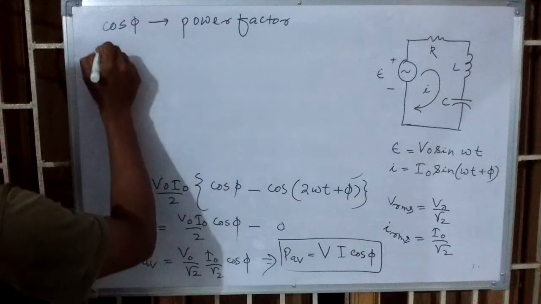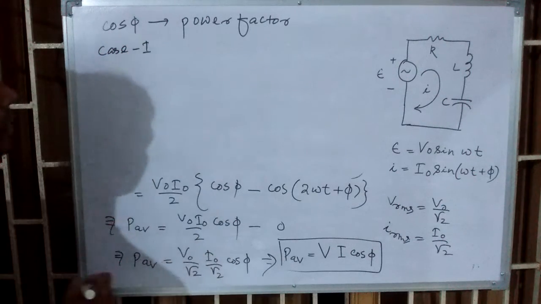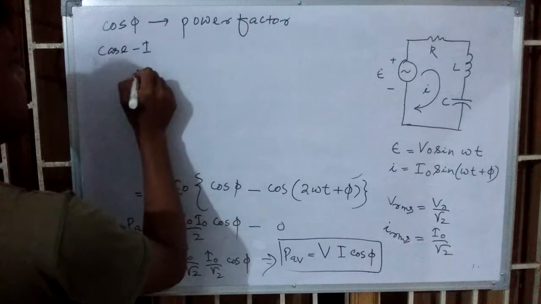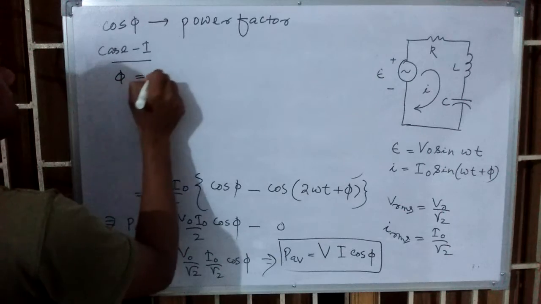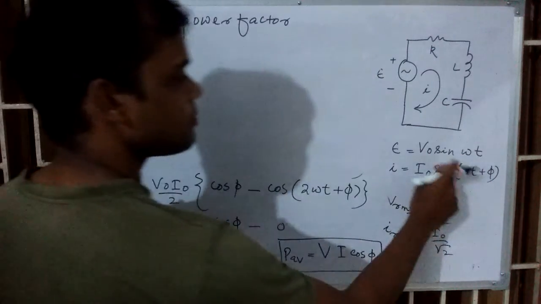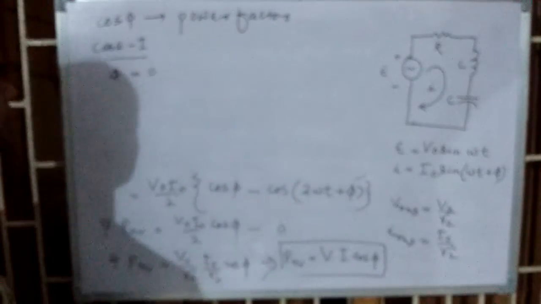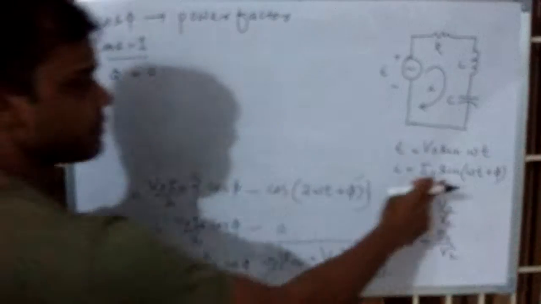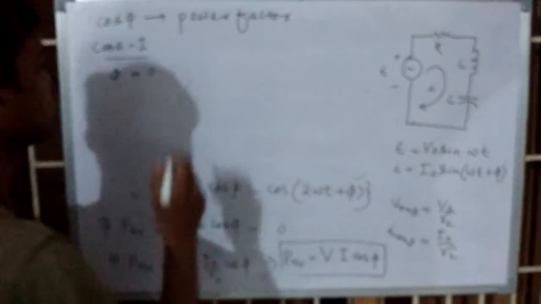This is case 1. Let phi be equal to 0. That means the phase difference between voltage and current is 0. They are in phase. It means voltage and current are in phase, or it is called resonance condition.